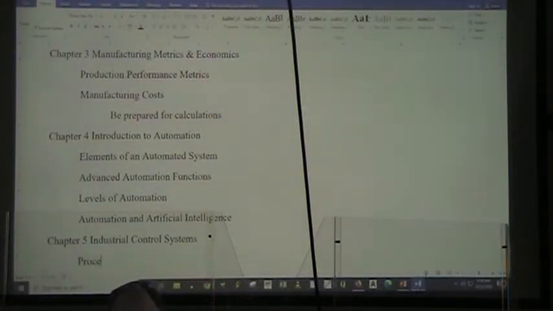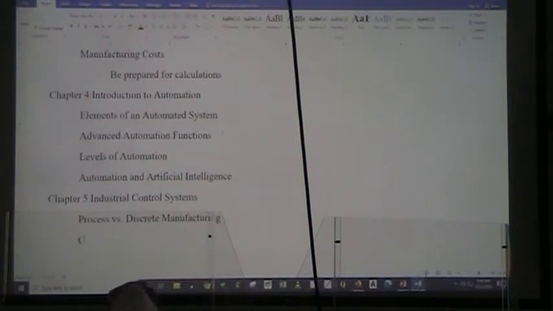All right, so for chapter 5, you need to understand the difference between process and discrete manufacturing. Right?